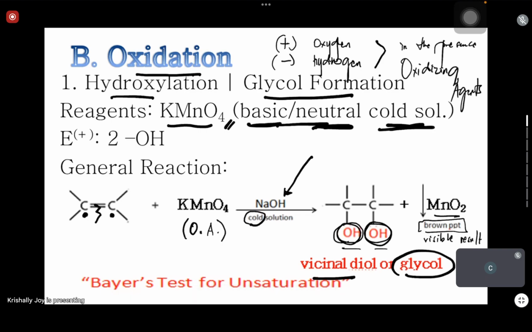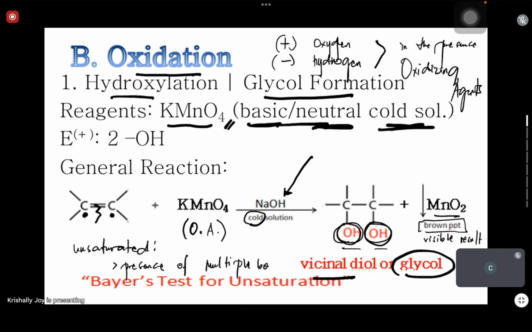If you will be asked to test if yung sample na yan is unsaturated, di ba, unsaturated kapag merong presence of multiple bond, just like alkenes, di ba? Alkenes, they have double bonds. Alkynes, merong triple bond.